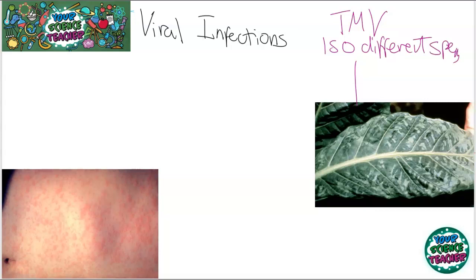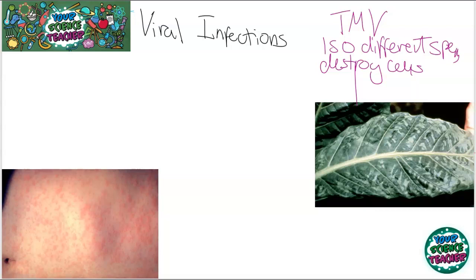And it causes this distinct mosaic pattern and discoloration on the leaves as the virus destroys the cells. Because of the fact it's destroying cells, it causes stunted growth in the plant, and it affects the leaves. And obviously the leaves is where photosynthesis occurs, and if the leaves fail, then the plant cannot grow as effectively.